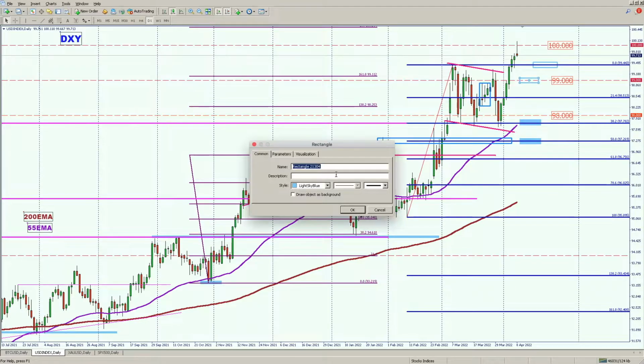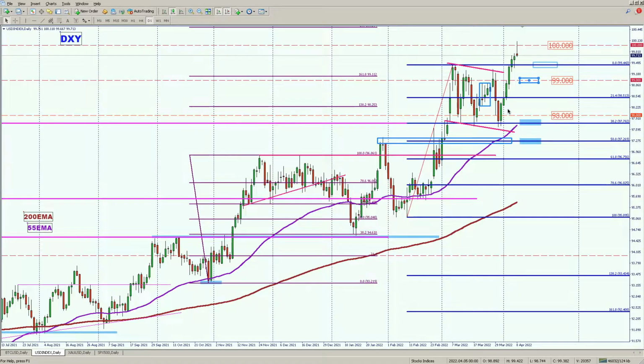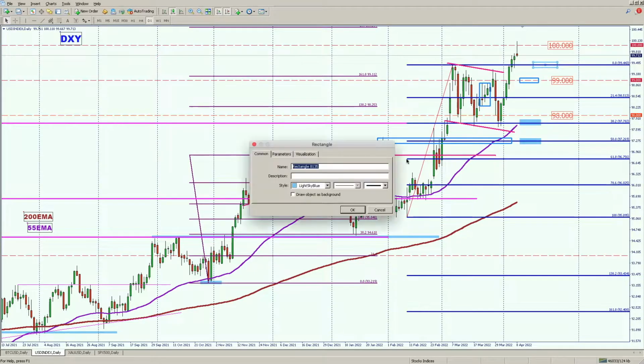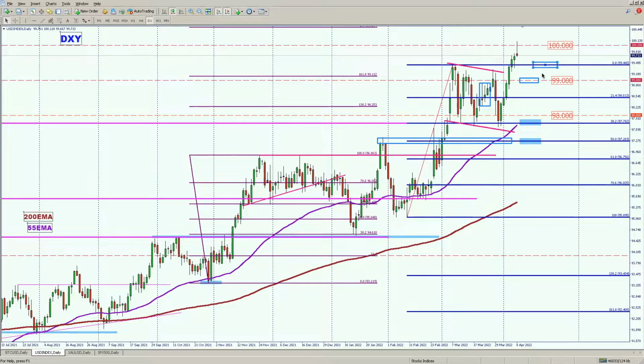Let's make it darker. Can remove this one here.